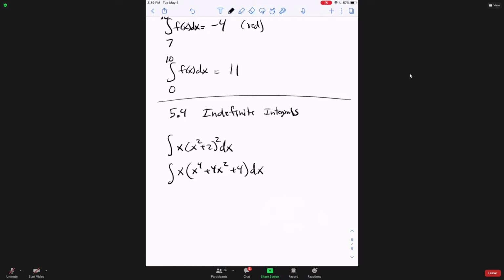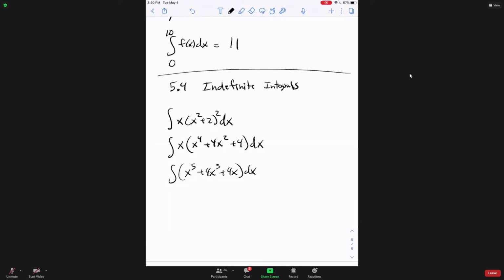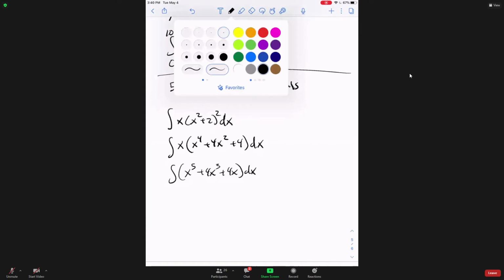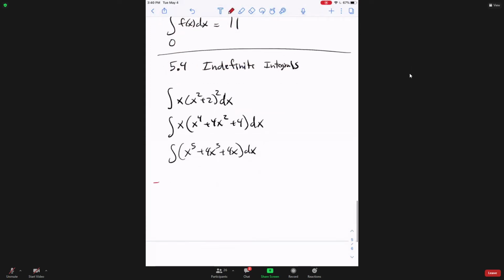All right, now let's distribute the x. Now you see how it's a bunch of sums, right? The property of integral is, you don't really need to write this next line in red. I'm just doing it to show you this is what allows us to say the top is equal to this plus this plus this.